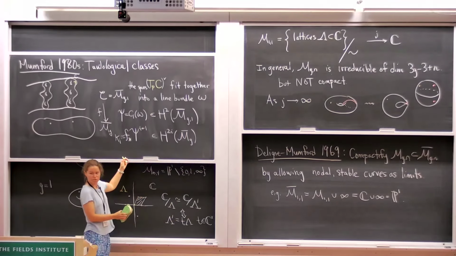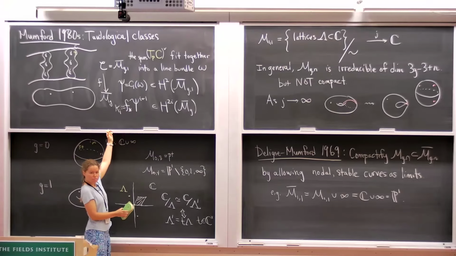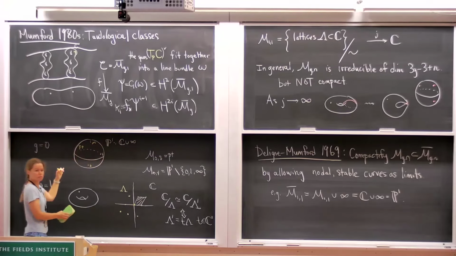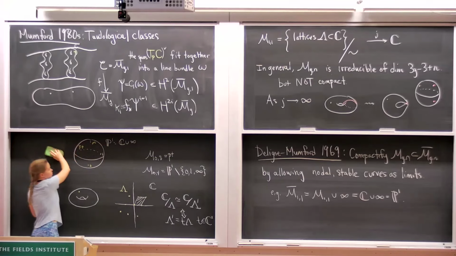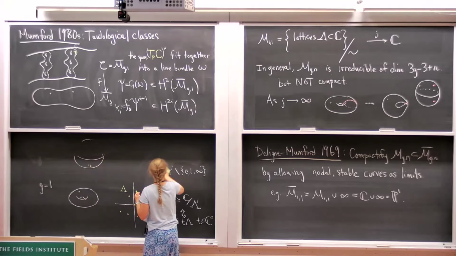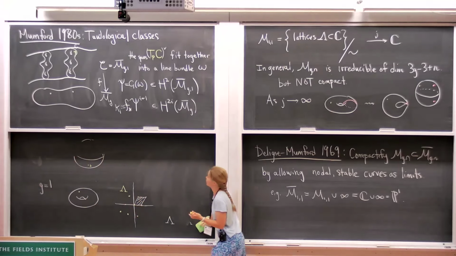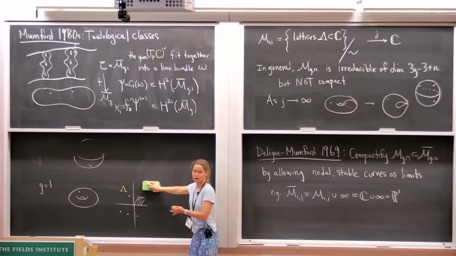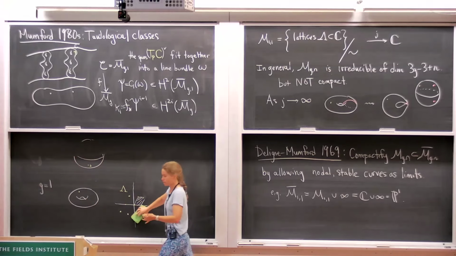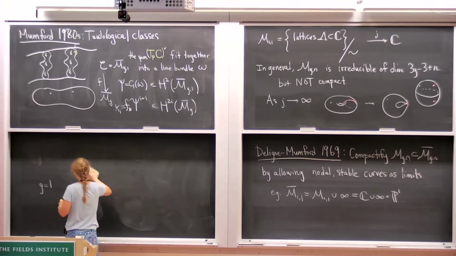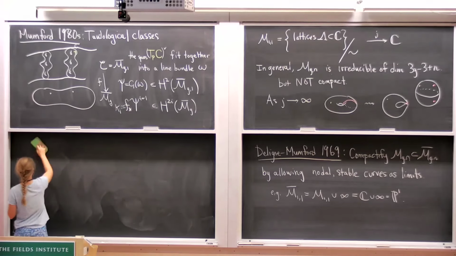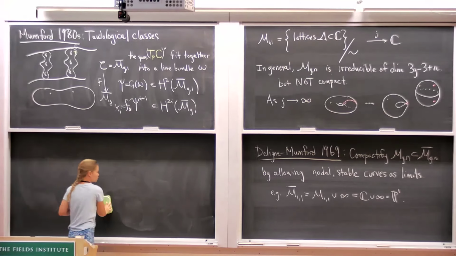Are there any questions about these psi and kappa classes? So they're called tautological because you see they sort of fell out of the very definition of Mg as the moduli space of curves. All we really used was the universal family over it.